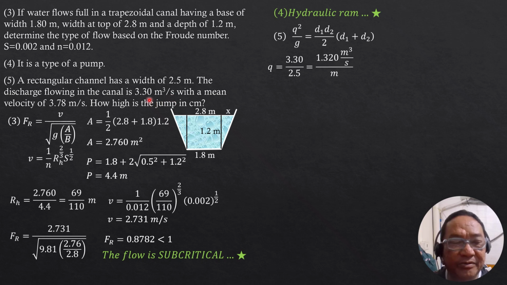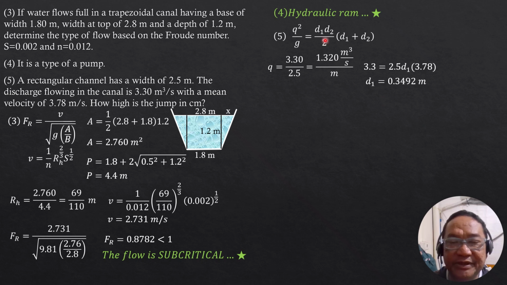So Q 3.3 equals cross-sectional area before the jump, which is base 2.5 depth 1 times mean velocity of flow, which is 3.78. So depth 1 is equal to 0.3492 meters.